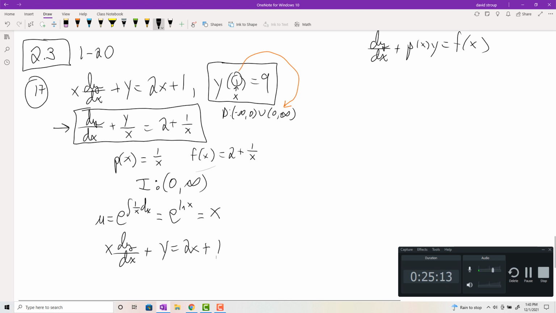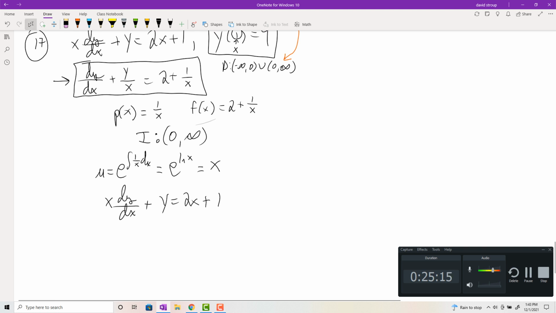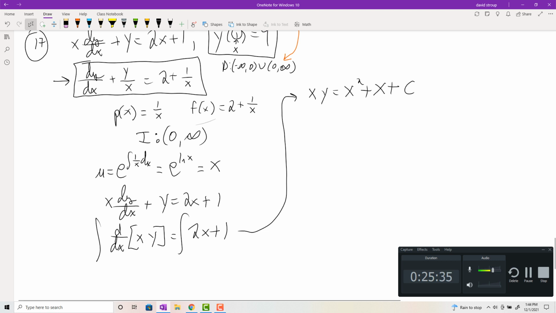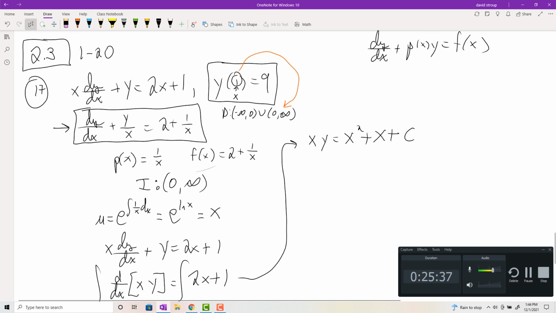Then you could collapse the left-hand side into the derivative with respect to x of mu, which was x, times y. On the right-hand side, you just have the 2x plus 1. Then you integrate both sides with respect to x, and you're going to get xy equals 2x squared over 2, which is x squared, plus x, and then plus your integration constant. You could divide by x.